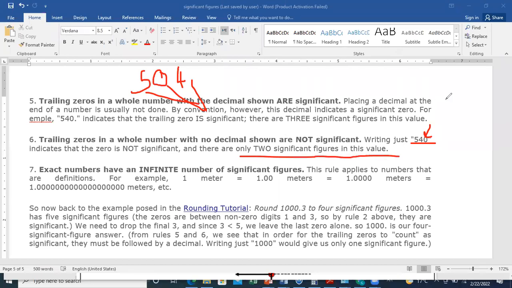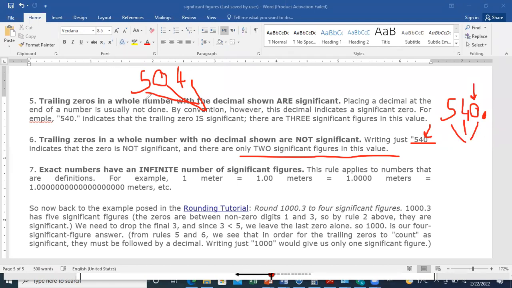However, if I put 540 with a decimal point, this means that I want to consider this 0 as significant. Whenever you have the decimal point after it, you count it as a significant number. So 540 with a dot gives me 3 significant numbers.